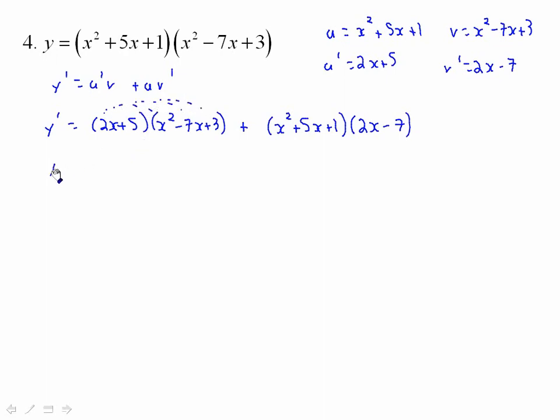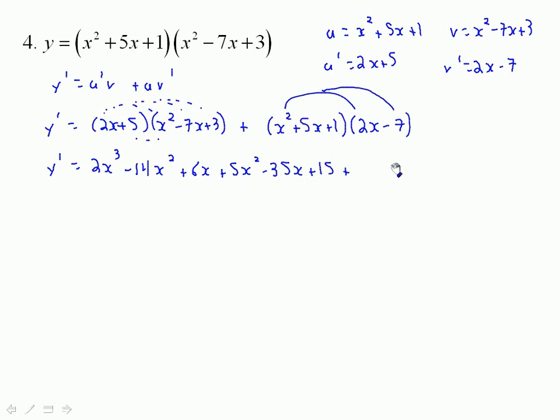So y prime, 2x times x squared is 2x to the 3. And then 2x times 7x is minus 14x squared. And then plus 6x. Distribute the 5 in. And we get plus 5x squared minus 35x plus 15. And then we keep on going. We distribute this in.